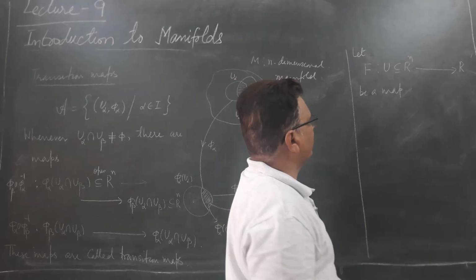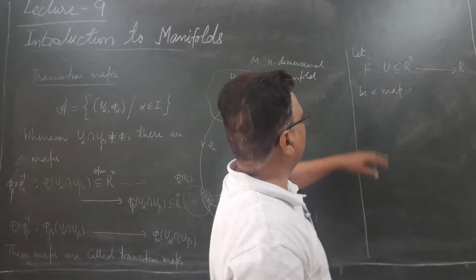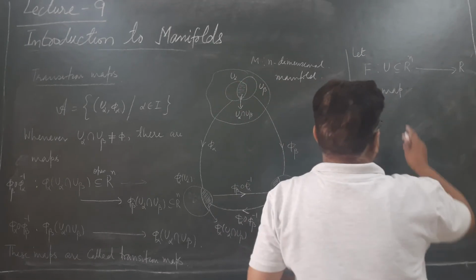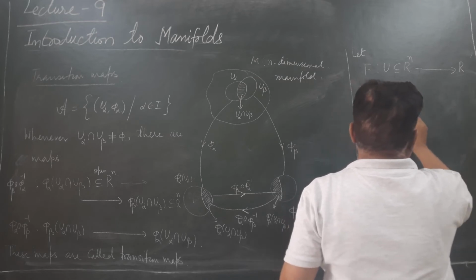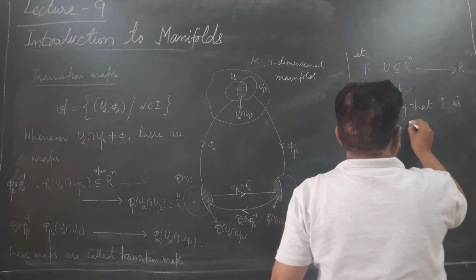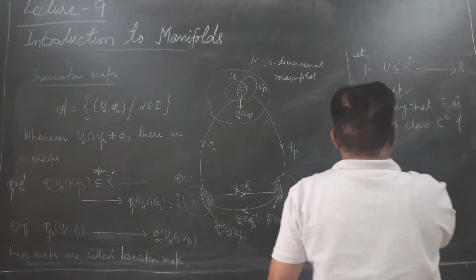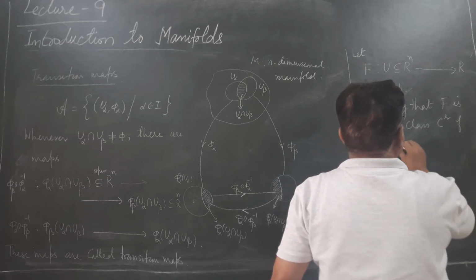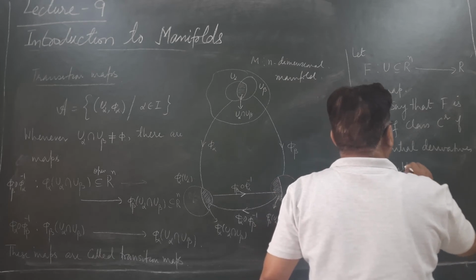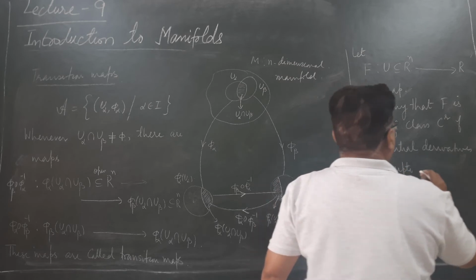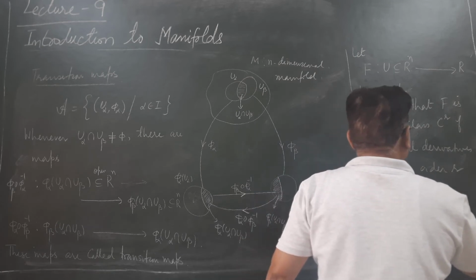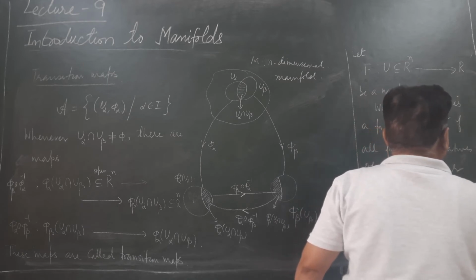We say that f is a function of class C^r if all partial derivatives of f up to order r exist and are continuous.